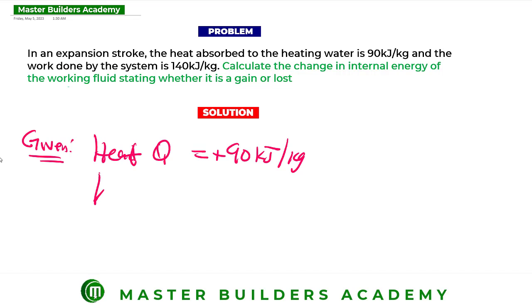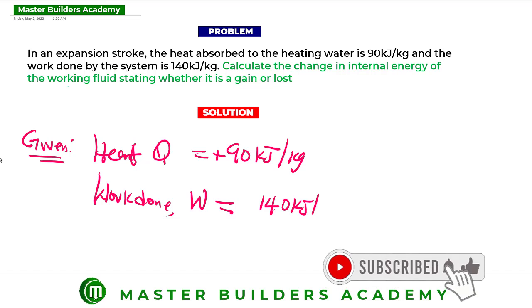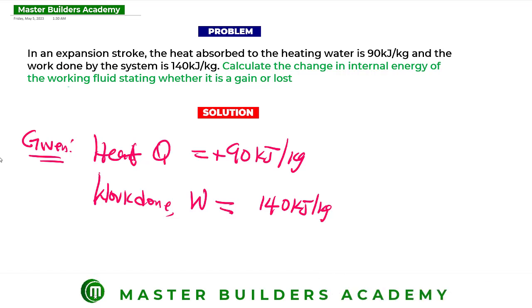Then we have work done, which is 140 kilojoule per kilogram. Is the work done by the system or on the system? As you can see, this work is done by the system, and whenever work is done by the system, such work is taken as positive.